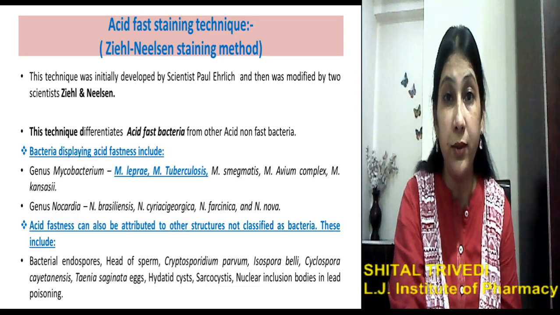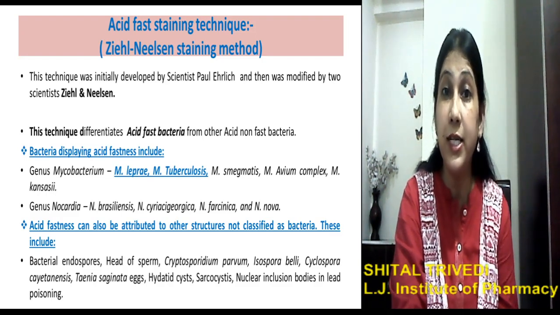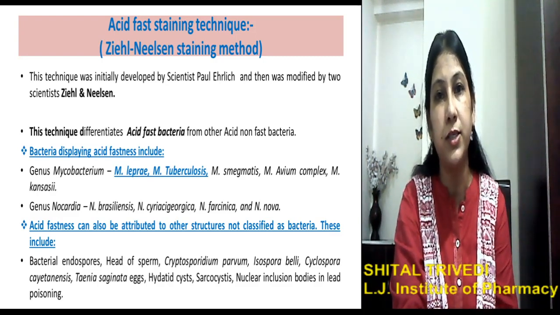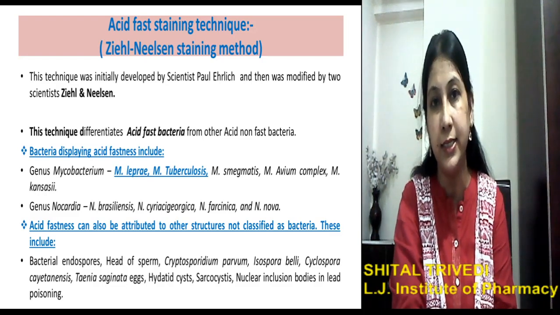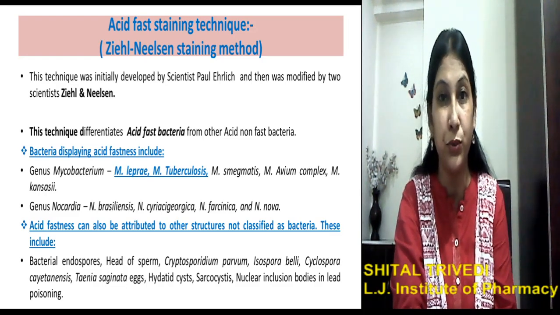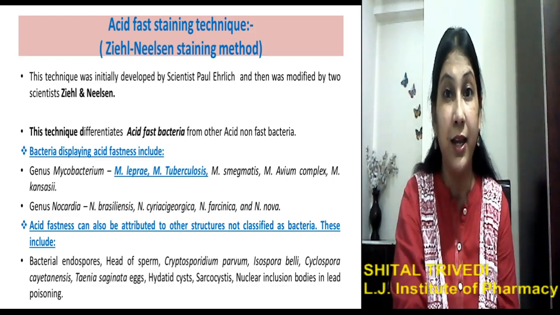Now let's talk about the acid-fast staining technique. In that, let's talk about the Ziehl-Neelsen staining technique. This technique was first developed by Paul Ehrlich and later modified by two scientists, Ziehl and Neelsen, and to honor the scientists, this technique is known by this name.